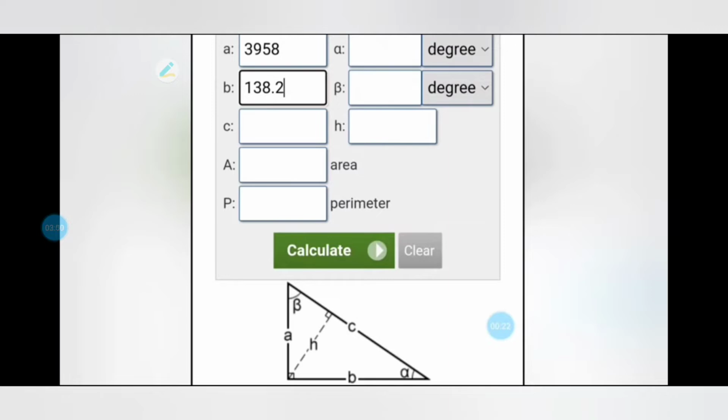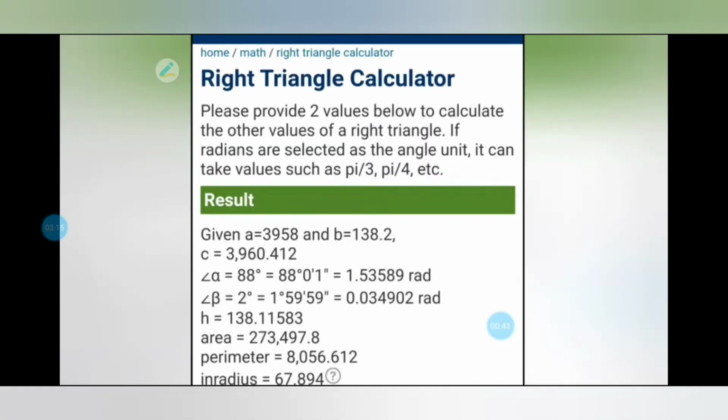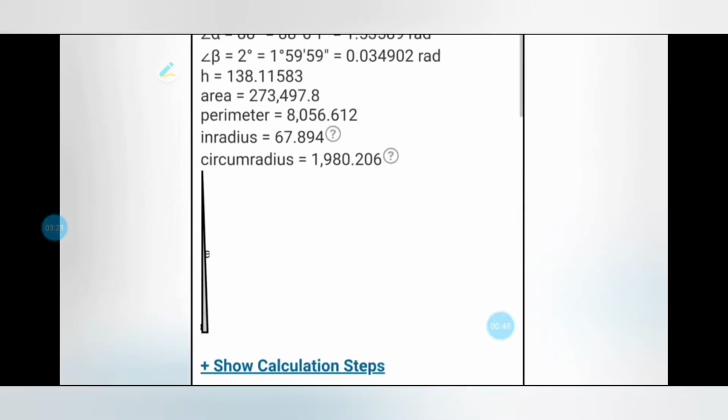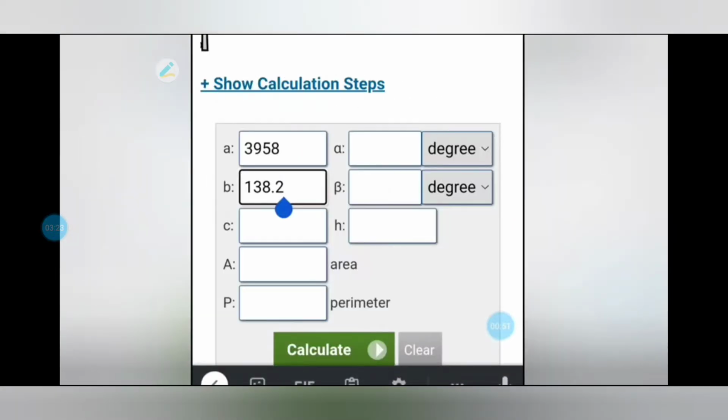And for distance, I put 138.2. Let's see what that comes out to in the triangle calculator. What do you know? 88 degrees on the dot. That too is weird. So we traveled 138 miles, and 69 miles per degree is working just fine.